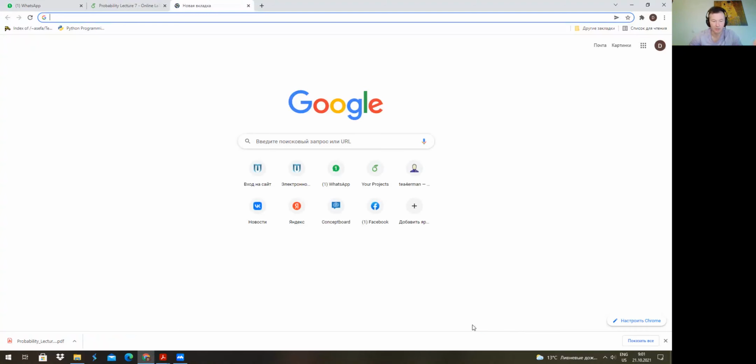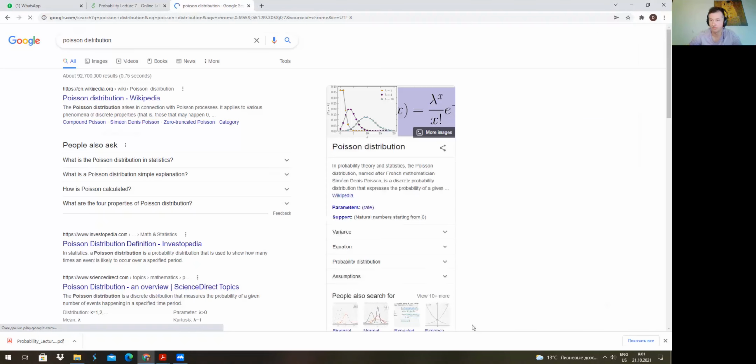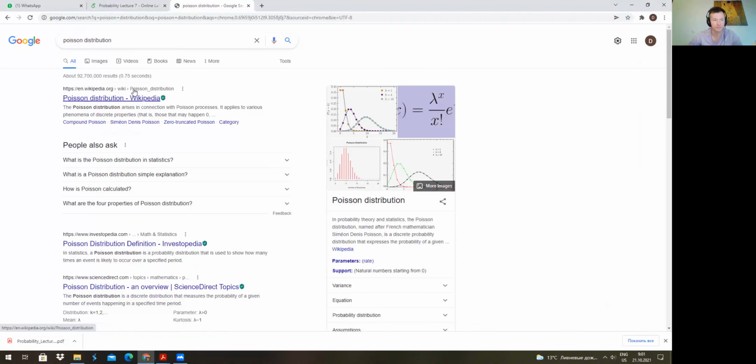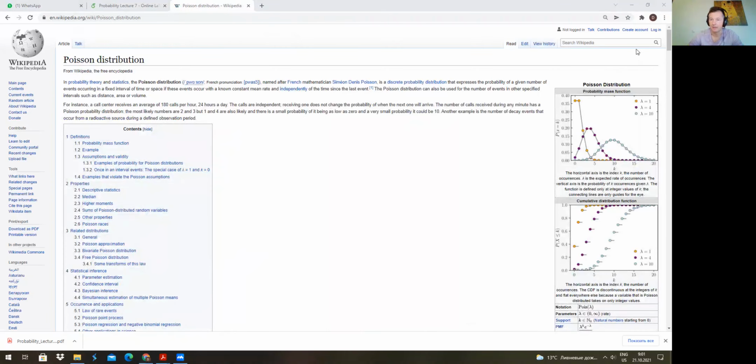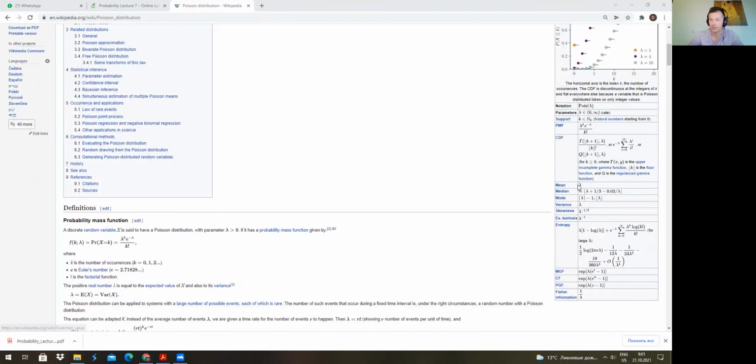For example, the Poisson distribution: you can go to Wikipedia, and there you will have all these things. Look, you have the mean, which is exactly the expected value in our case, which is lambda. For the Poisson distribution, we said that lambda is the mean or the average rate of occurrence, and that's also the expectation.